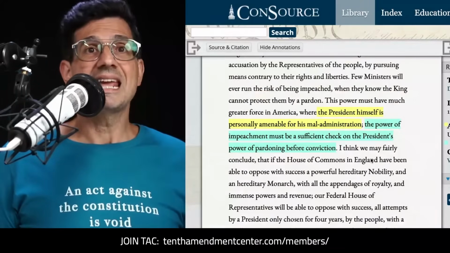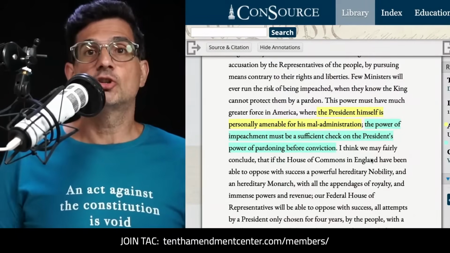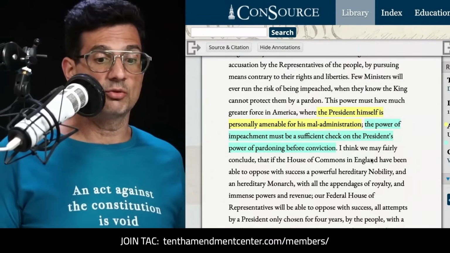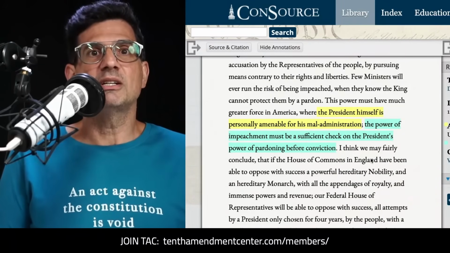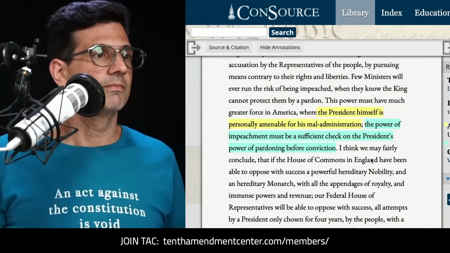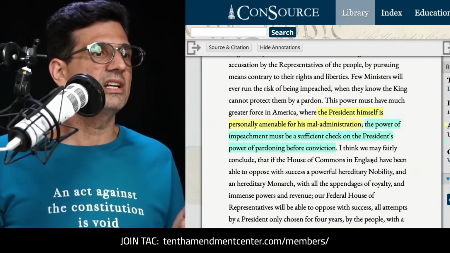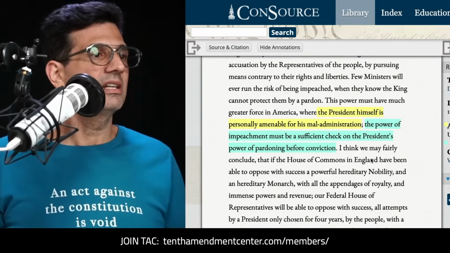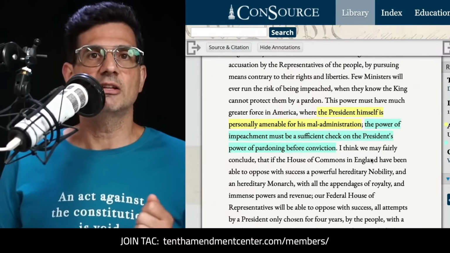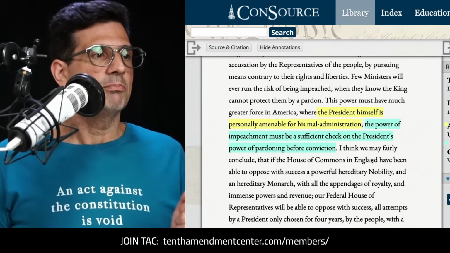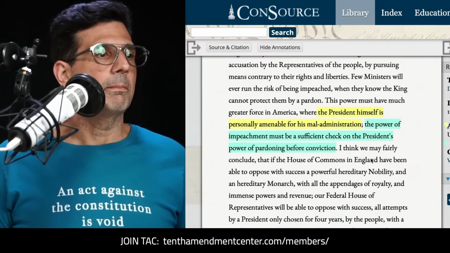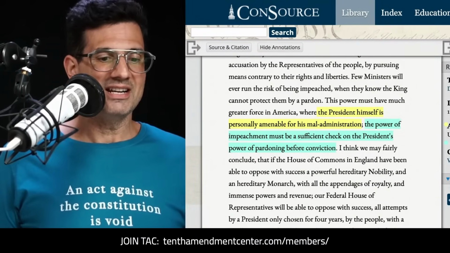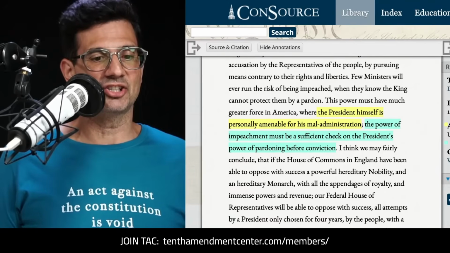And George Nicholas, he actually brought things back to George Mason's original language, which was how Blackstone described the power of impeachment under high crimes and misdemeanors. Nicholas said the president himself is personally amenable for his maladministration. The power of impeachment must be a sufficient check on the president's power of pardoning before conviction.